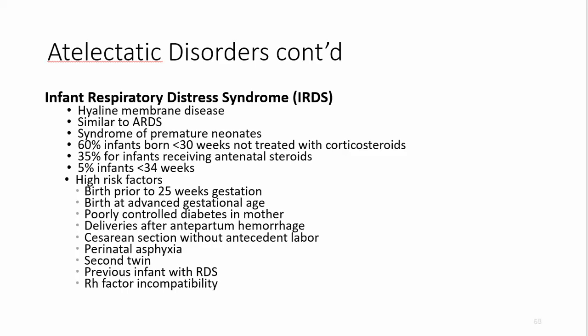It's a syndrome of preemies. It happens in almost 60% of babies born pre-30 weeks, unless they are treated with steroids, and it still happens in some that are treated with steroids.